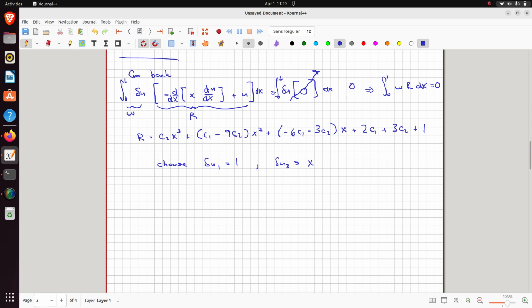Professor, why have you chosen 0 on the right-hand side? Because it could be any constant, right? To differentiate any constant with respect to x. Sorry, what? I don't understand. Why is the right-hand side equal to 0? Well, the original equation was this equal to 0.